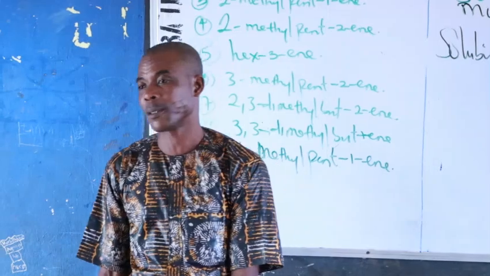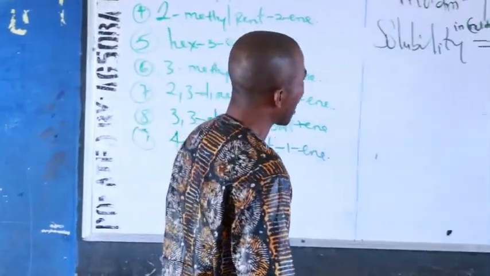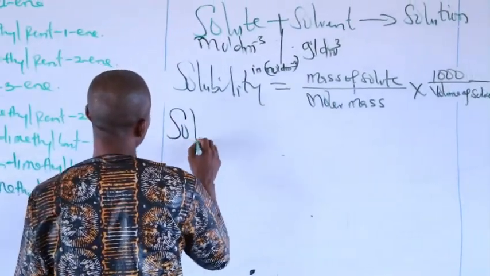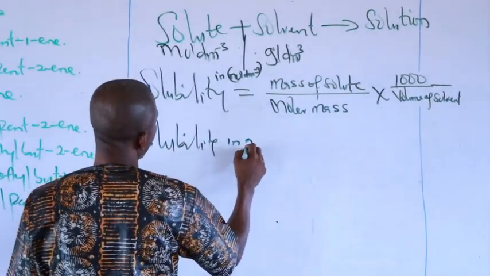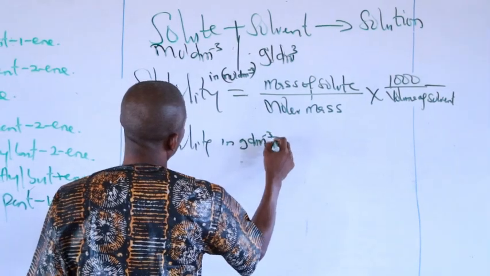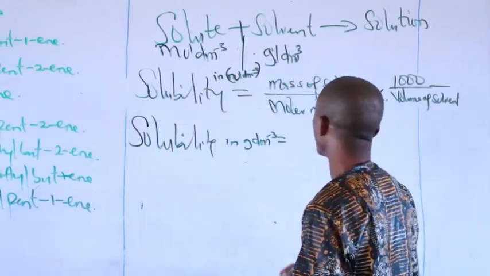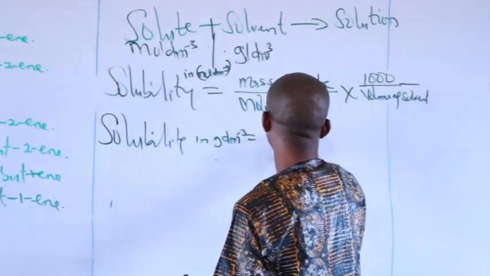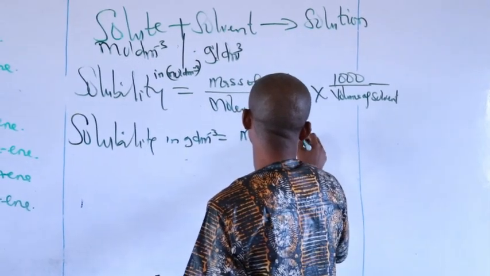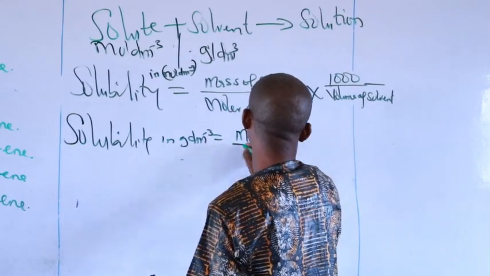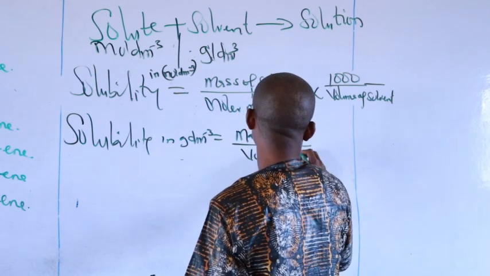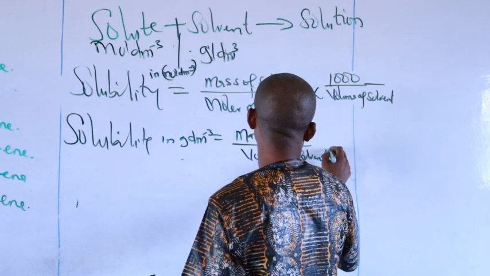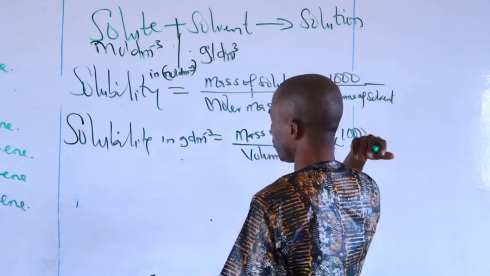Now you can as well calculate the solubility of the salt in gram per dm³. Solubility in gram per dm³ is equal to mass of solute over volume of solvent times 1000.